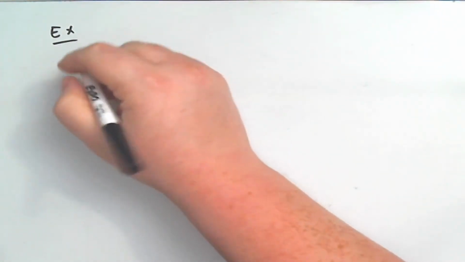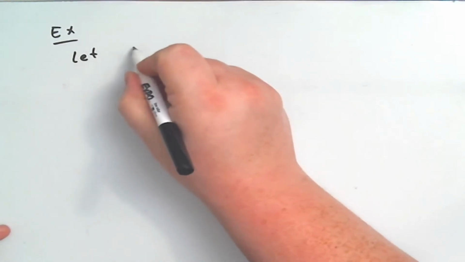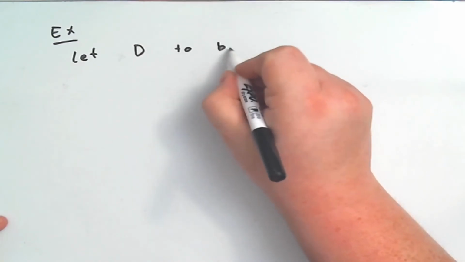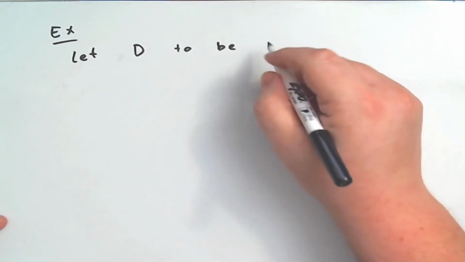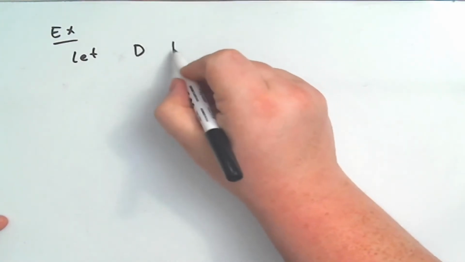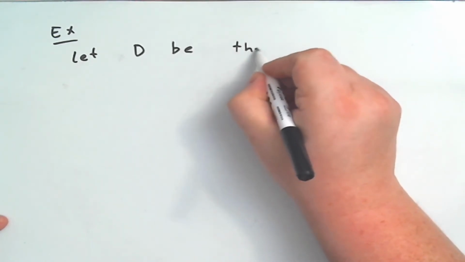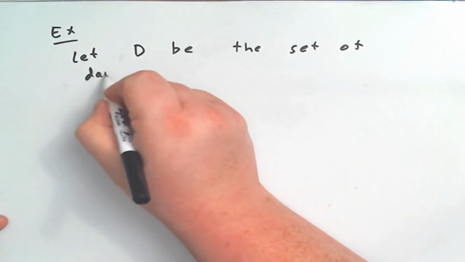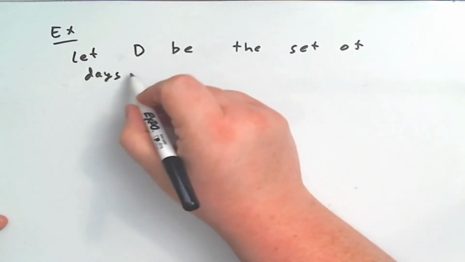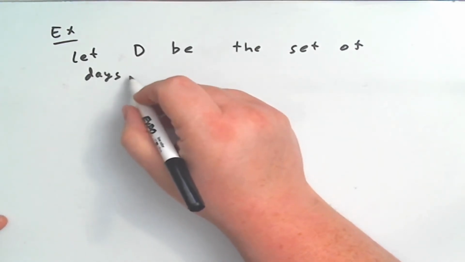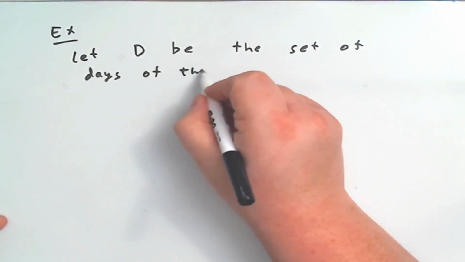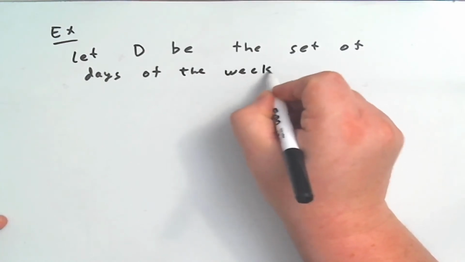All right, so let's define the set D, okay, to be, let D be the set of days of the week. We did this in the previous video that we had, days of the week, right?